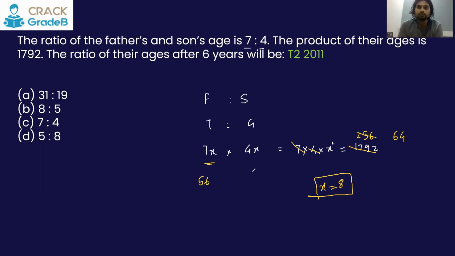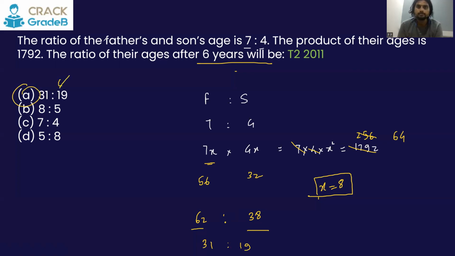Son presently is 8 into 4, 32. But they are asking the ratio of the ages 6 years after. Father will be 62 and son will be 38. At that time, the ratio will be 62 to 38, that is 31:19. Option number A.